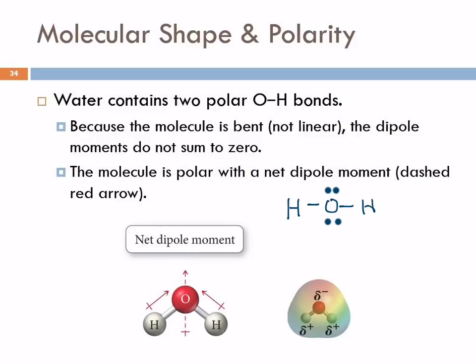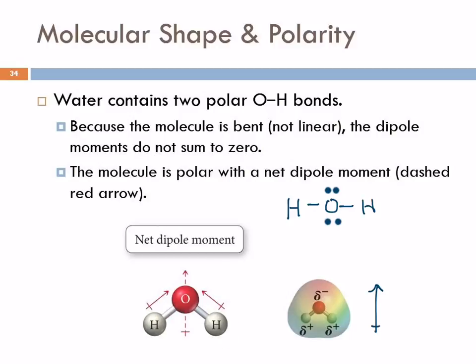And they're not going to cancel each other out like they did in the carbon dioxide. And so we have a net dipole in this direction. It's dashed here. So this is the net dipole. This is from adding these two vectors.